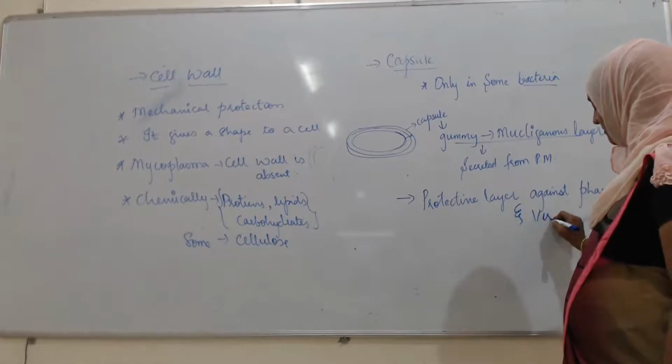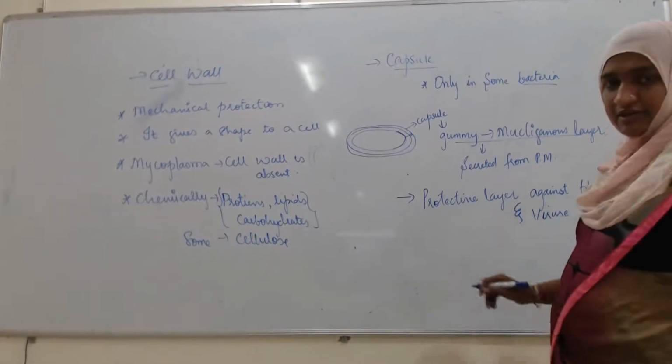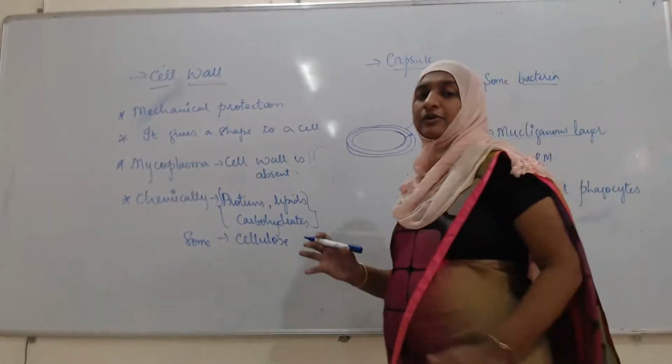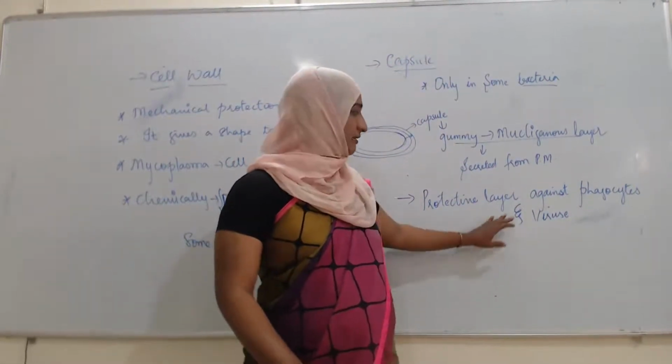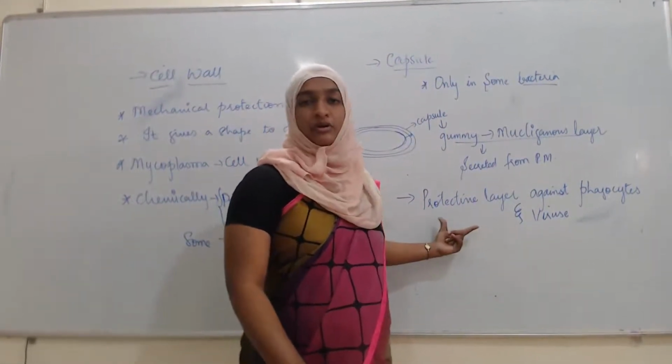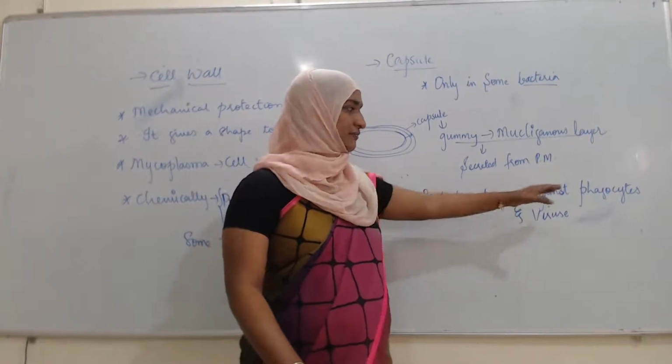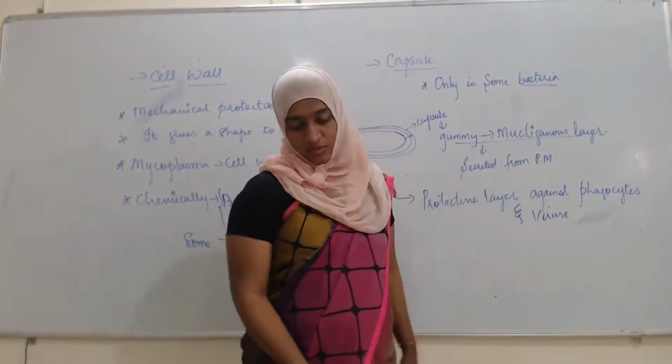Certain cells damage the bacteria or the prokaryotic cell, and this capsule layer protects the bacterial cell from the phagocytes and some viruses.